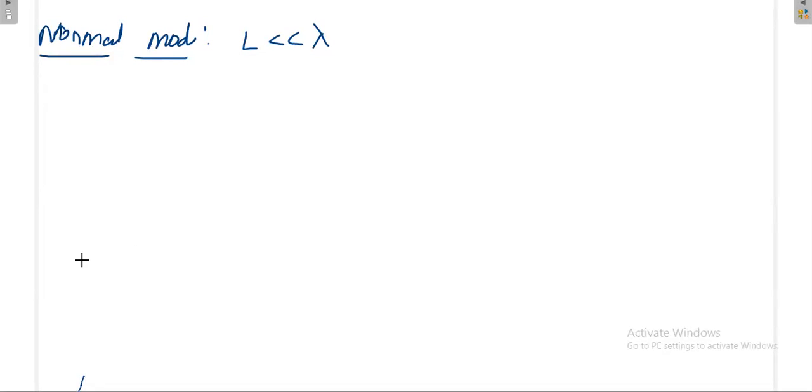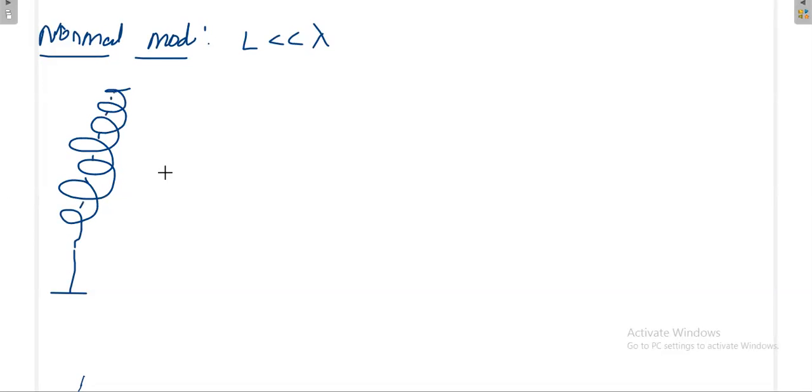Once you operate in normal mode, say your antenna is like this and you have something like this, then this is the array axis, and your radiation pattern will be perpendicular to the array axis.